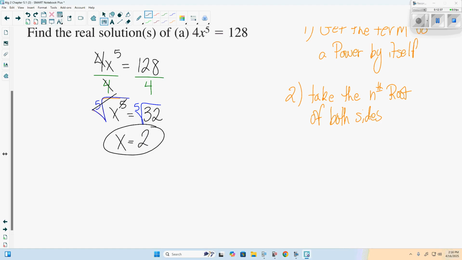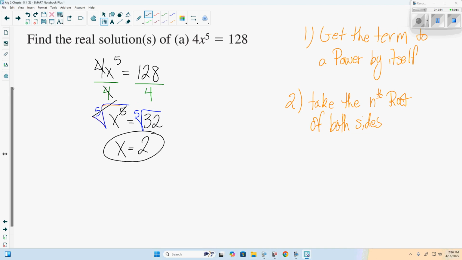And that's it. Now, according to the fundamental theorem of algebra, the number of solutions should equal the degree, and any repeated solution should be counted equal to the number of times that it's repeated. So since the degree here is 5, we should have how many solutions? 5.